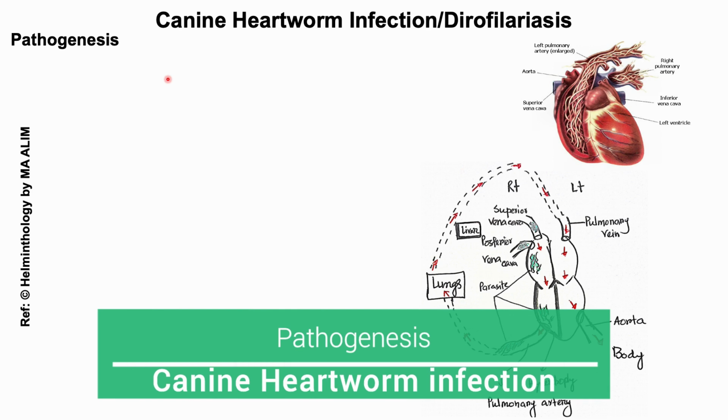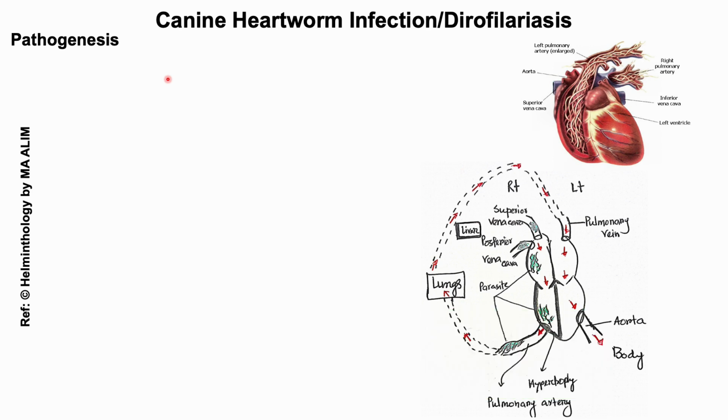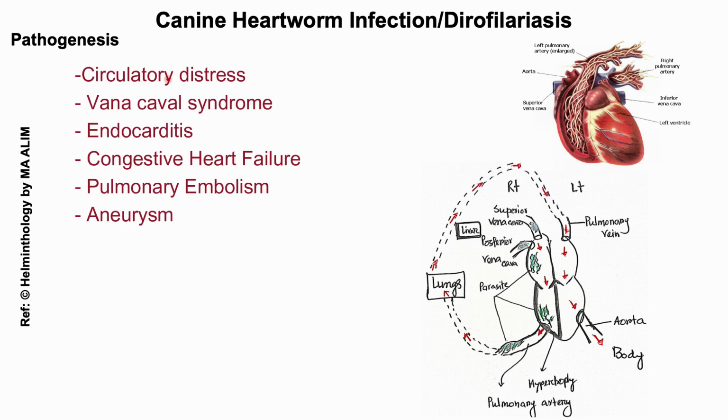Pathogenesis of canine heartworm infection or Dirofilariasis. The majority of infected dogs with few worms show no sign of illness. In heavy infection, circulatory distress, valvular endocarditis, congestive heart failure, pulmonary embolism, etc. are developed, which threatens the life of the affected dog.